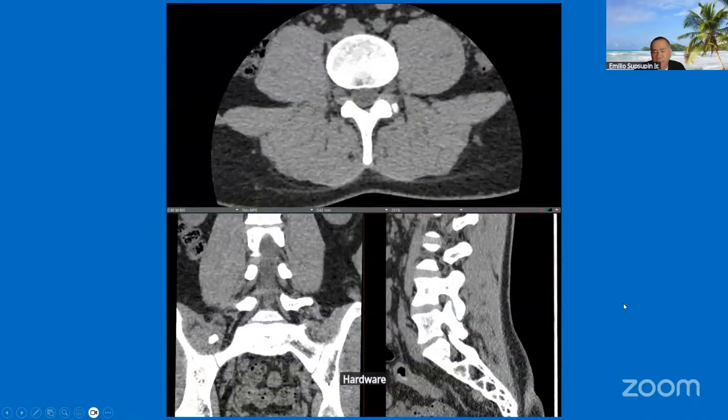But other non-invasive means like CT, you can still somehow get some information. For example, here you can see the nerve root just below the pedicle. You can see the nerve roots there on the axial, and you can still see the dark signal of the inferior perineural fat. It's not as good as MRI, but you can still see it.